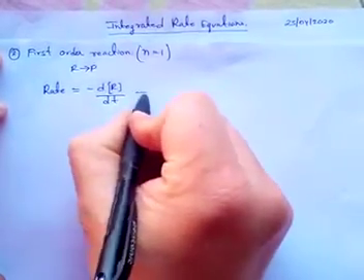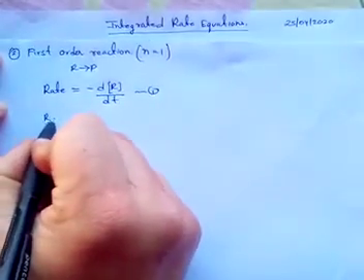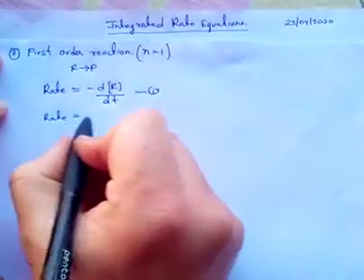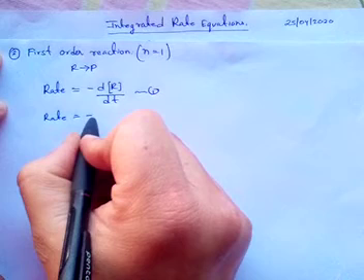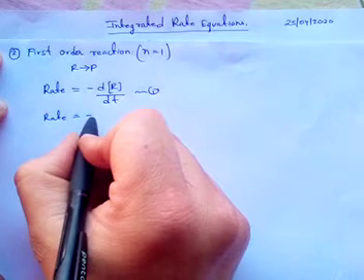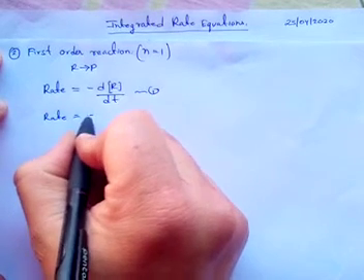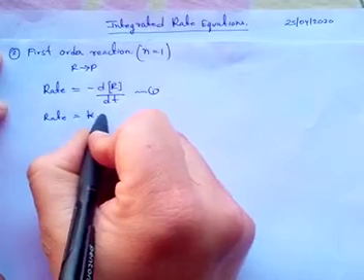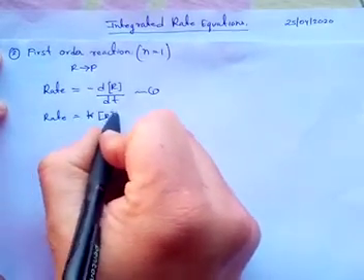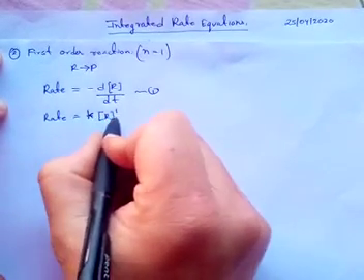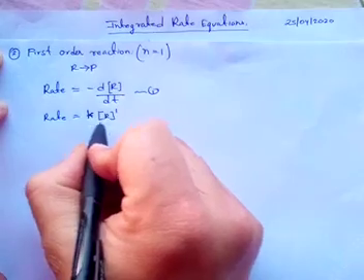This is equation 1. And from the rate law expression we get rate equals k R to the power 1, since it's a first order reaction.